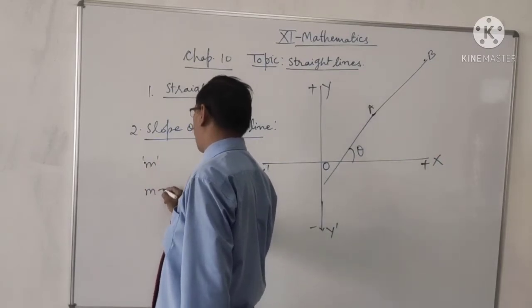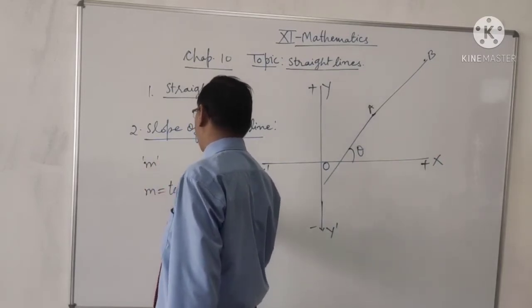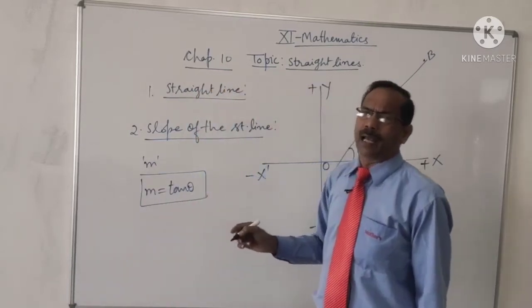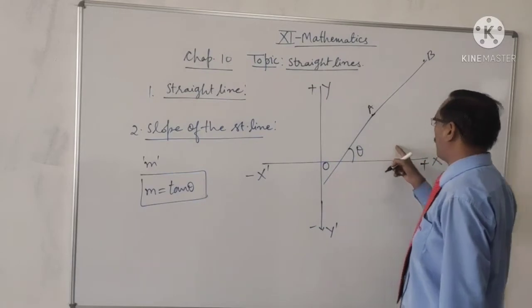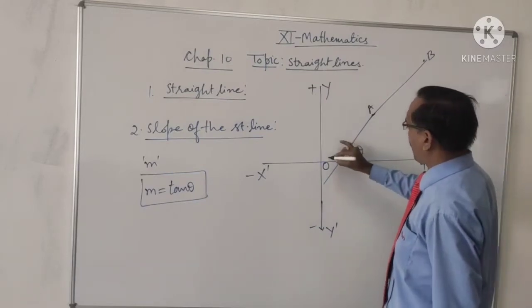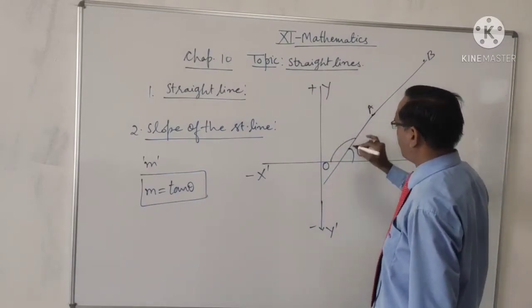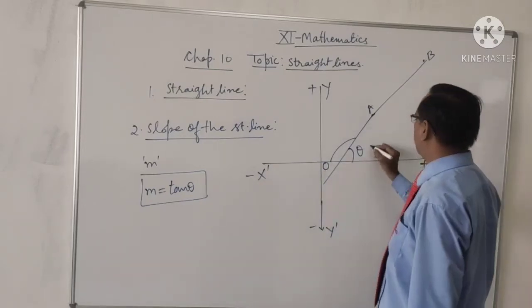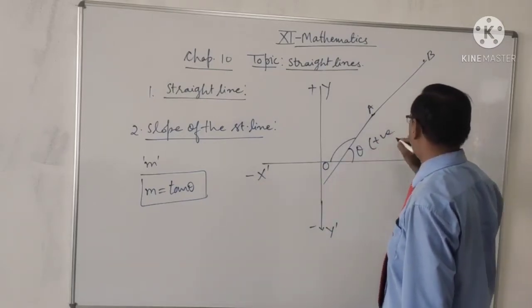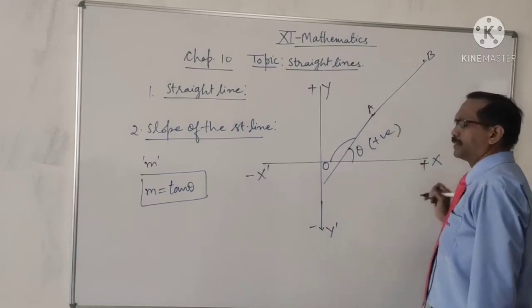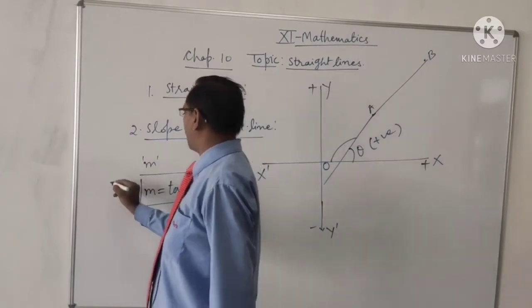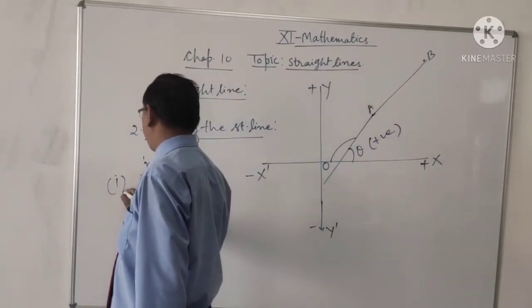So here m equal to tan theta, where theta is the angle made by the line with the positive direction of x-axis. This angle is not with the negative x-axis, it is with the positive direction of x-axis.